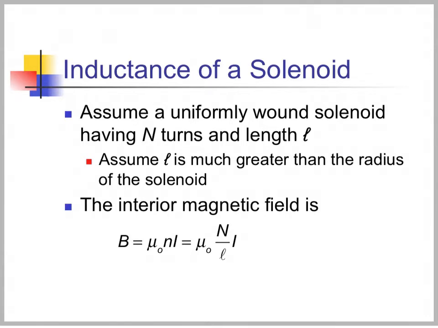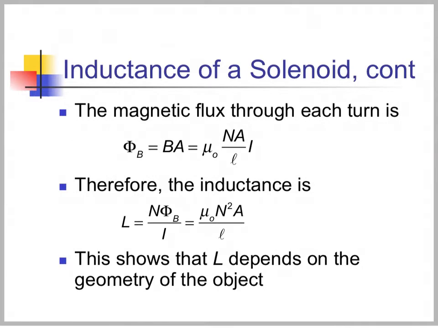We've already determined that the interior magnetic field of the solenoid is mu naught little n I, which is mu naught the number of turns per unit length times I. The magnetic flux through each turn then, flux is B times A, is mu naught N A I over L. Therefore, the inductance is N times flux over I, which is mu naught N squared A over L. So, the inductance of the coil depends on the number of turns, the cross-sectional area, and the length. It depends on the geometry of the coil.